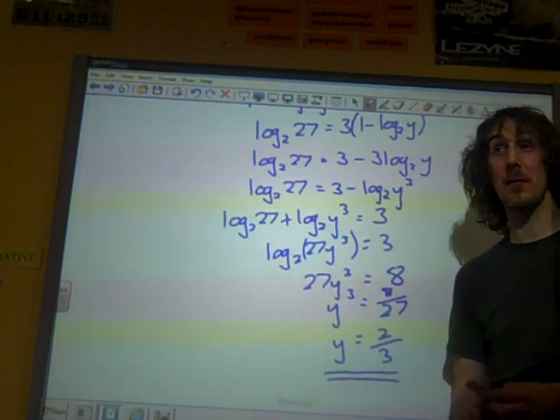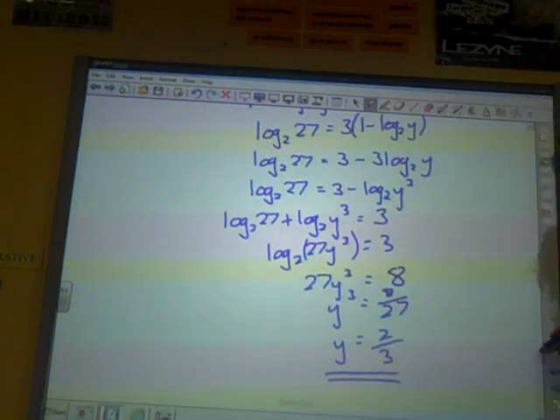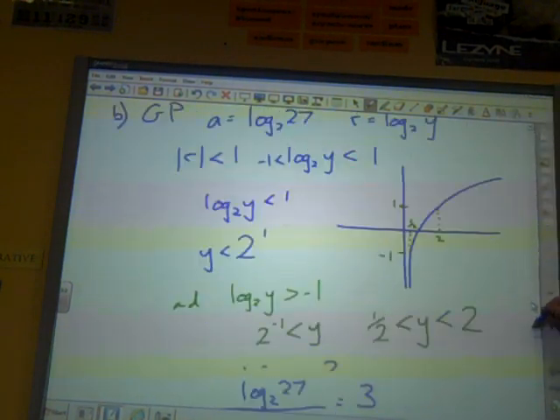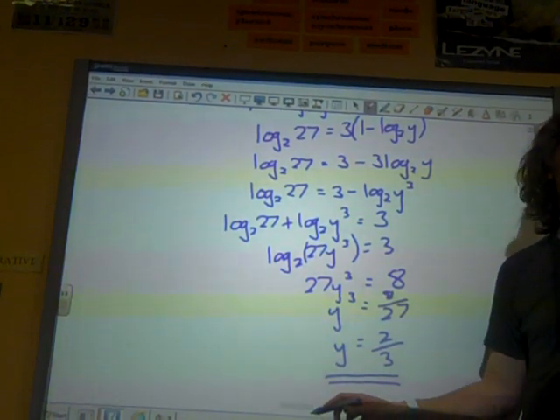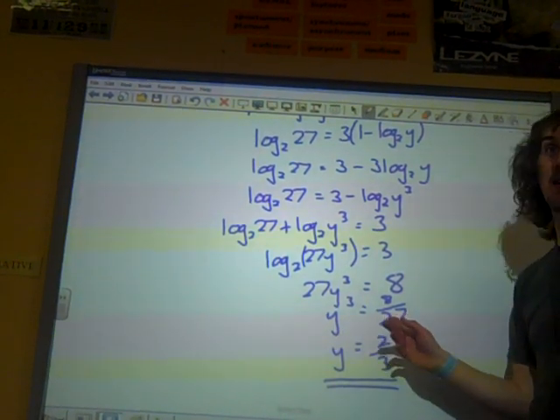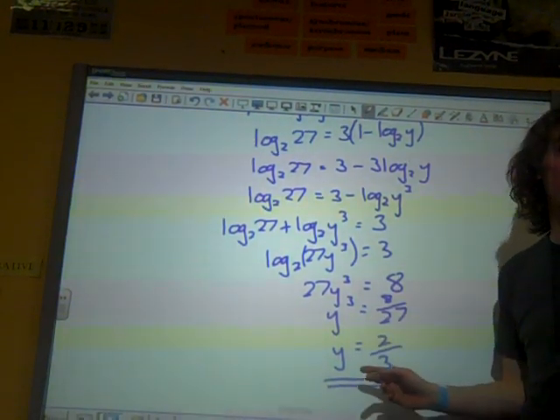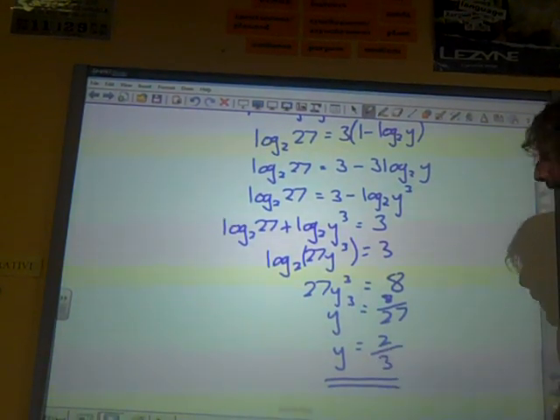One thing to watch out for is if at the end of a really long question that's taken so much of the page that it won't let you extend the page anymore, don't fall into the trap of just getting lazy at the end and saying that 27 cube rooted is 9. Only a fool would do that. So just kind of watch the detail.